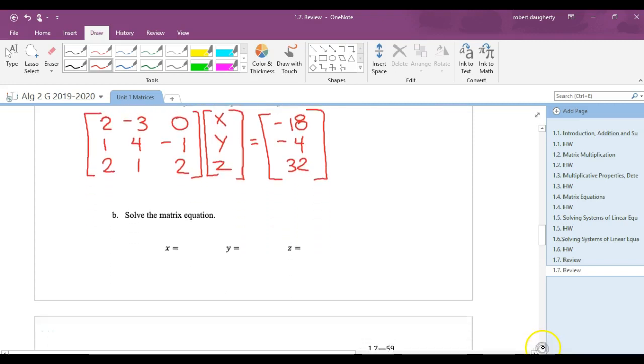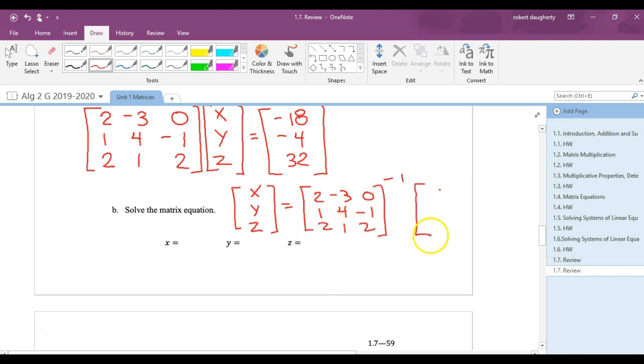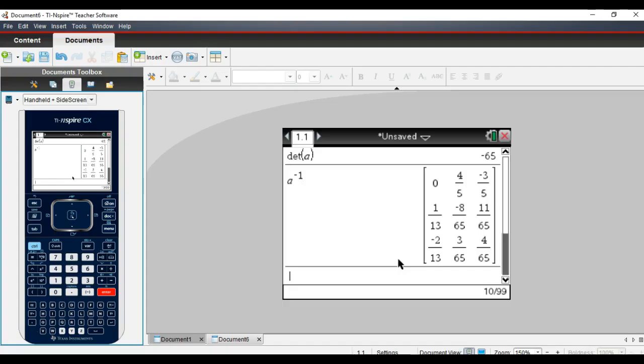And if I want to solve this matrix equation, you can write the next step down, or you can do it in your head. But basically what has to happen on my calculator is x, y, z has to equal the inverse of that coefficient matrix times the solution matrix. Now you can store these matrices in the calculator, or like I said, you can just do this on the fly.